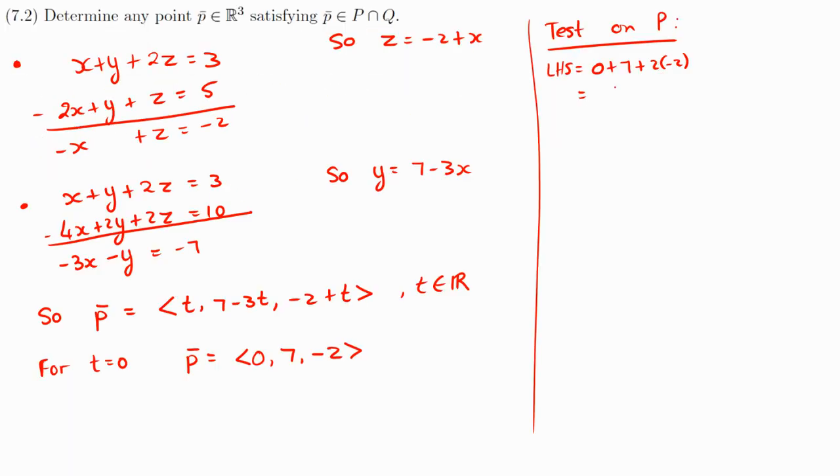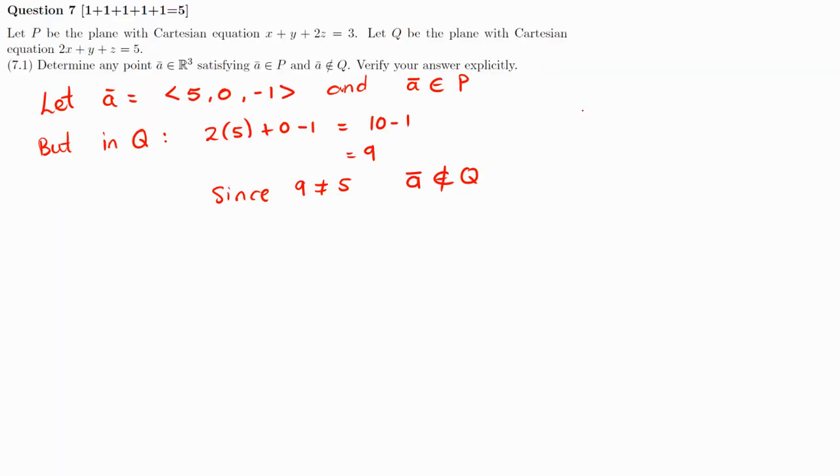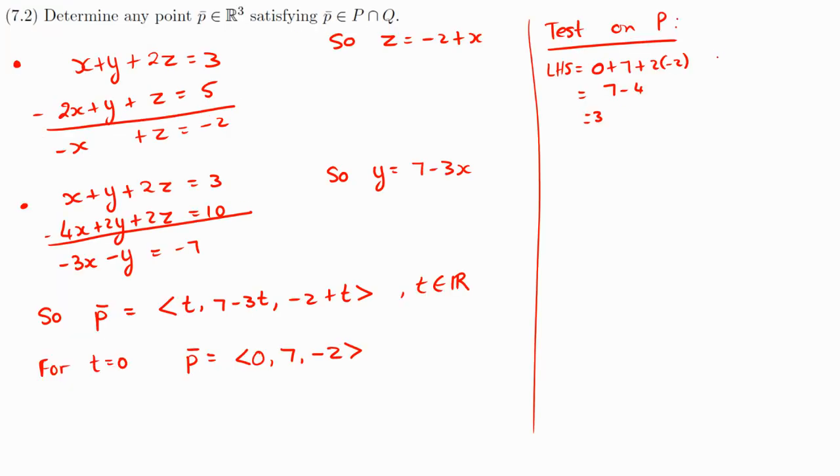And this is equal to 7 minus 4, and 7 minus 4 is 3. Cool, perfect. The right hand side is also equal to 3. Thus, P equal to (0, 7, minus 2) is an element of P.